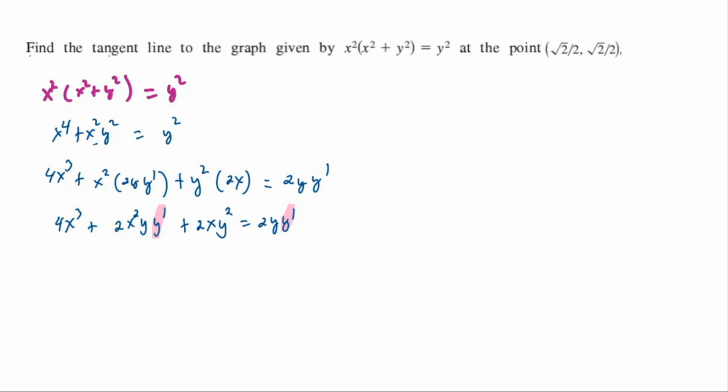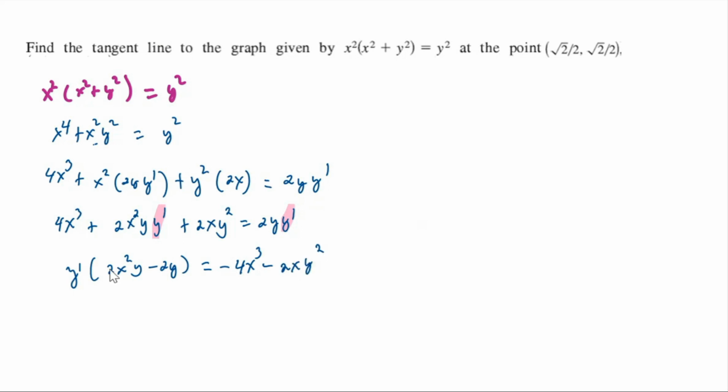Now I will group together the terms having y prime and the rest will transfer to the right hand side. So we can write now y prime, I factor right away. So we have here 2x squared y, and this one will be transposed, minus 2y is equal to, transpose the other terms that have no y prime. So we have negative 4x cubed and minus 2xy squared.